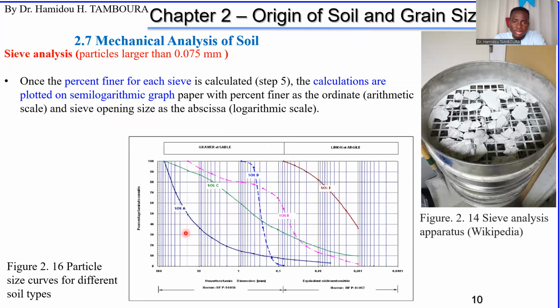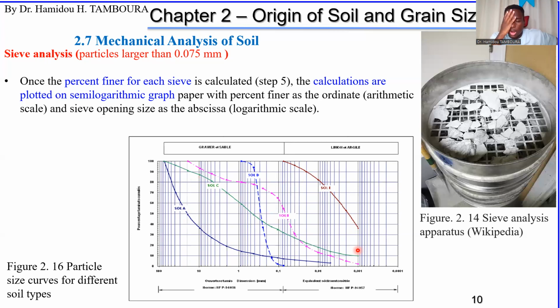It will give us something like this. Sorry, this graph is in French actually, but the objective here is to show you how the curve will look. And these are for many soils: soil A, soil B, the pink one, soil C, soil D, soil E. This curve should be the same for the same soil.